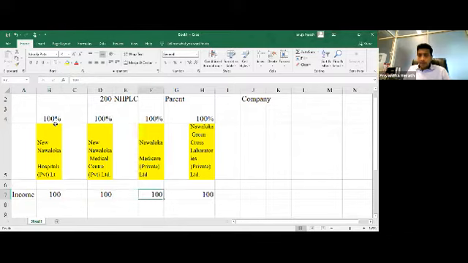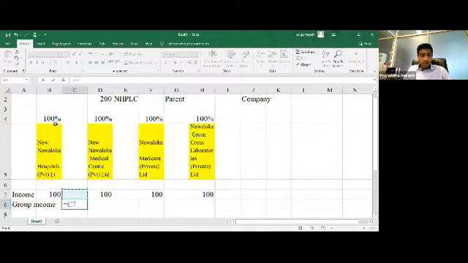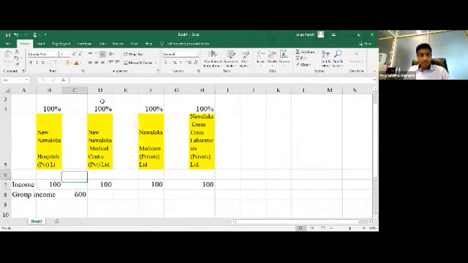When you consolidate, if you want to calculate the group income, you need to add all these numbers: this company plus this company plus this company, plus the hospital revenue. So 600.